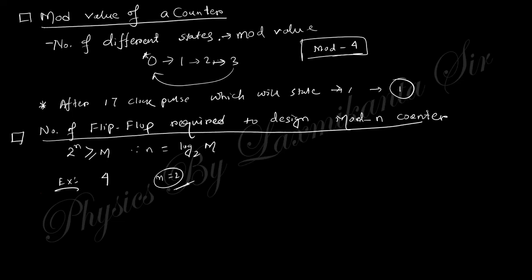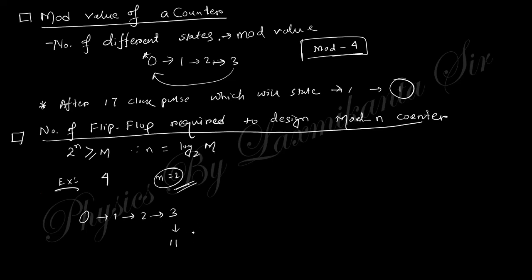But remember something, as the sequence is 0, 1, 2, 3, and you know for 3 you need to represent 2 and 1, this is 2 and 1, that is 3.